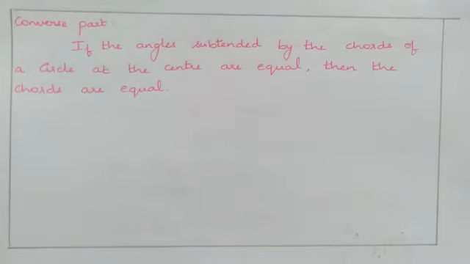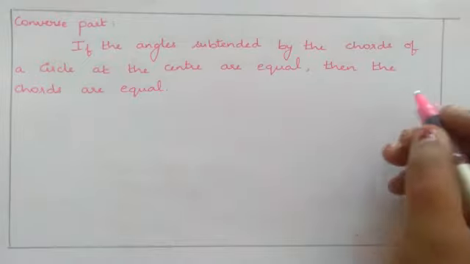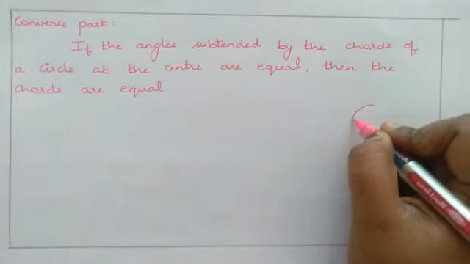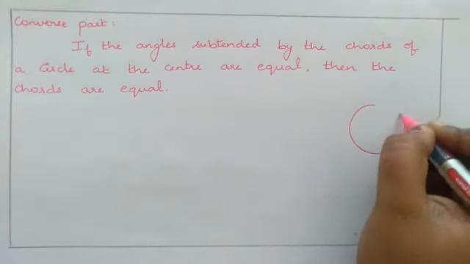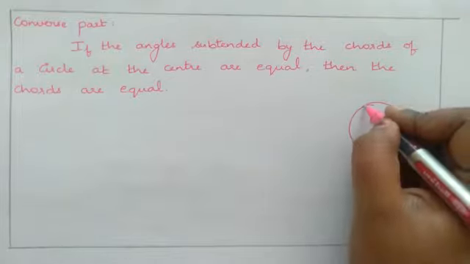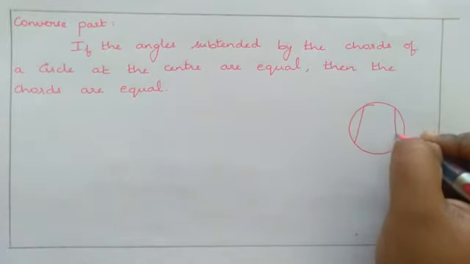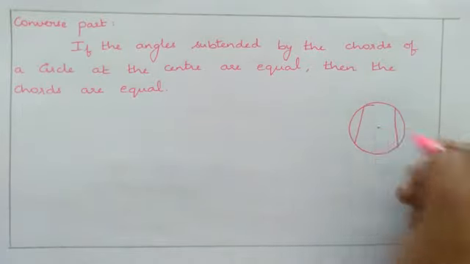This will be the converse part of the theorem. If the angles subtended by the chords of a circle at the center are equal, then the chords are equal. So, what are they saying here? Suppose we have a circle, for example, consider this circle. We have two chords and we have a center for the circle.